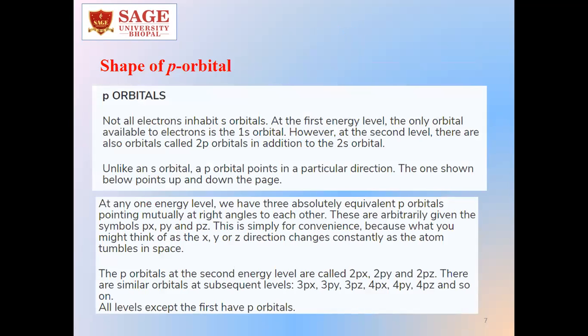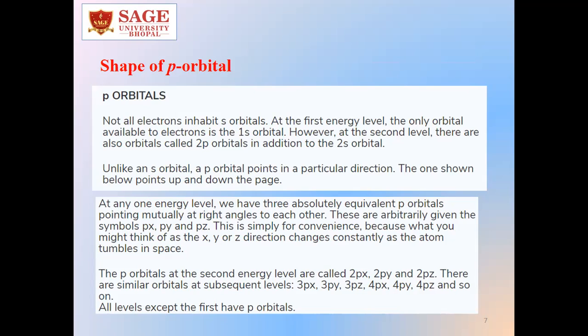Now coming to the p orbital. Not all the electrons inhabit s orbitals. At the first energy level, the only orbital available to electrons is the 1s orbital, obviously. But at the second level, there are also orbitals called 2p orbitals. Actually, except for the first level, n equals 1, all other levels will have p orbitals.